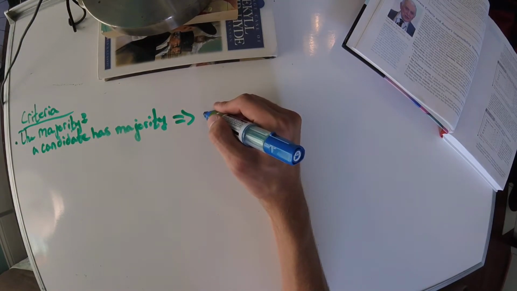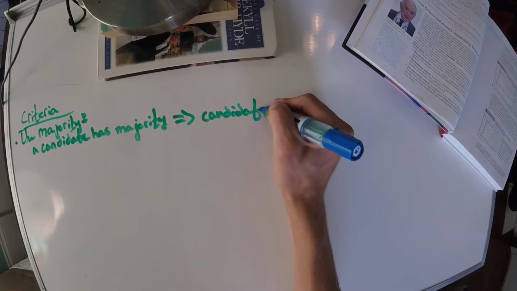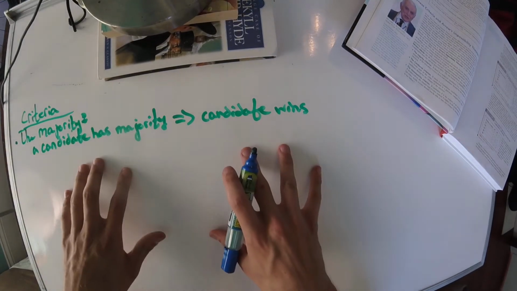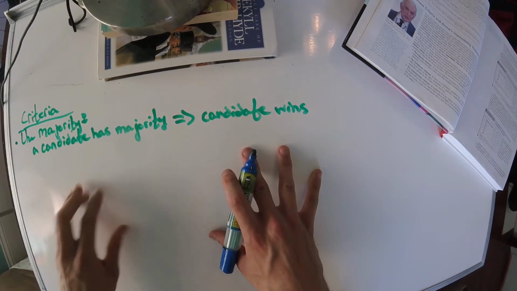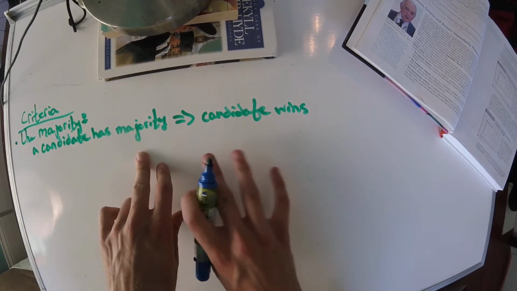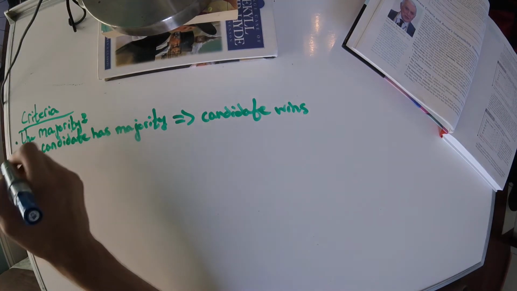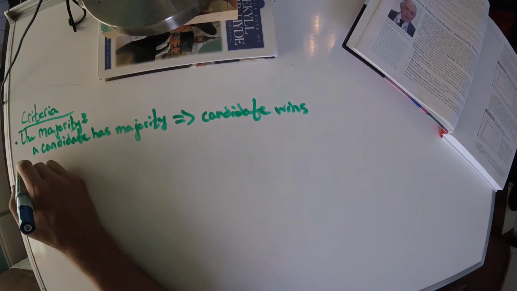So if a voting method allows a candidate with the majority to not win, then, according to Professor Arrow, that voting method is not fair.